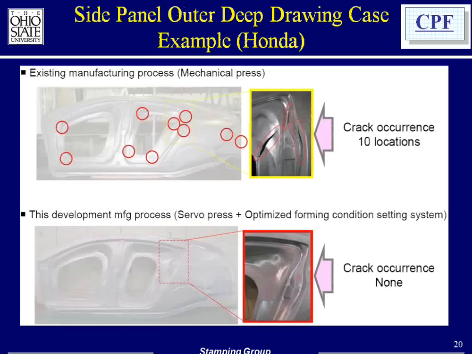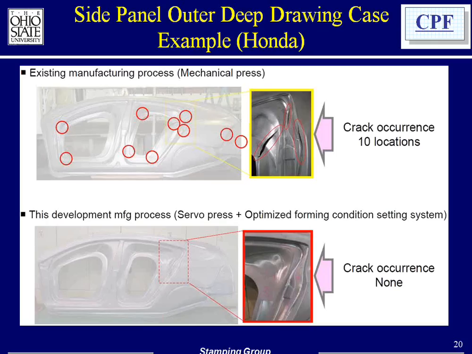Slide 20, I took that from a paper published by Honda people in Japan when they installed the first Aida press, and they were using it for side panels. And they claim that in the mechanical press of comparable bed size, they were having crack problems.